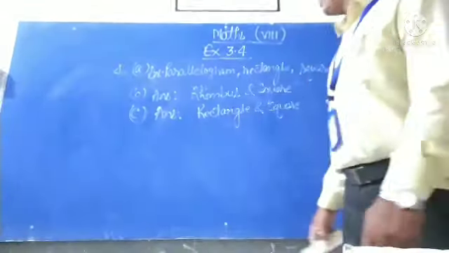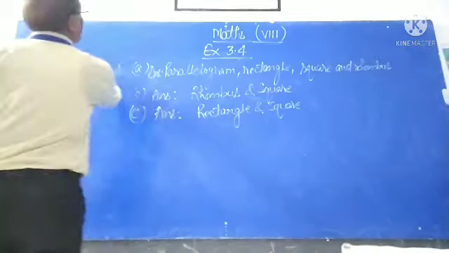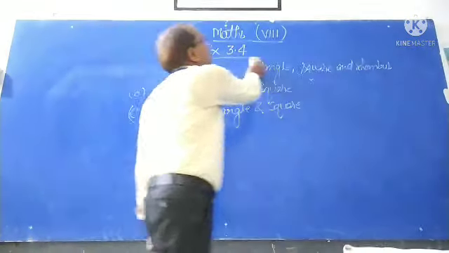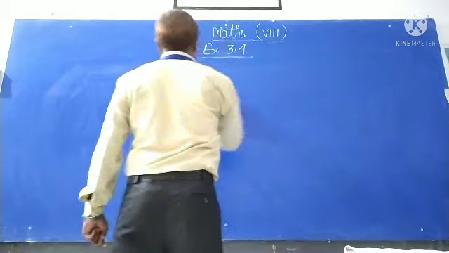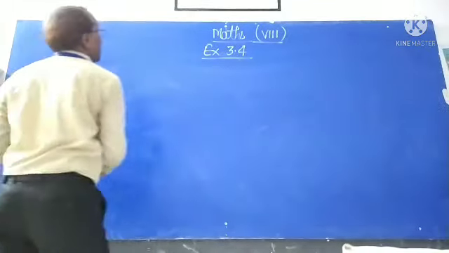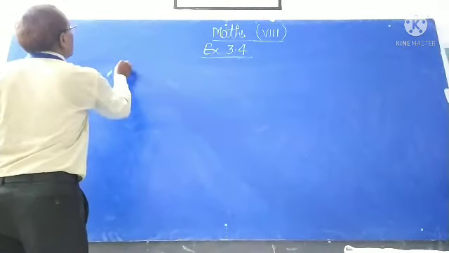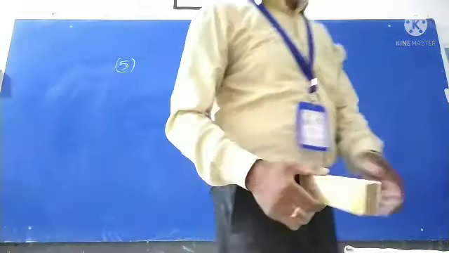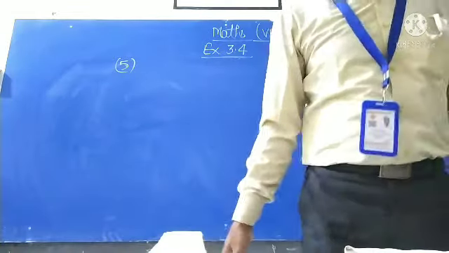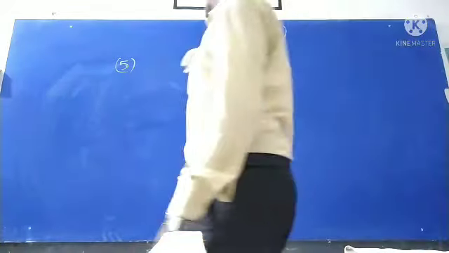Question number 5. That is, explain why a rectangle is a convex quadrilateral.